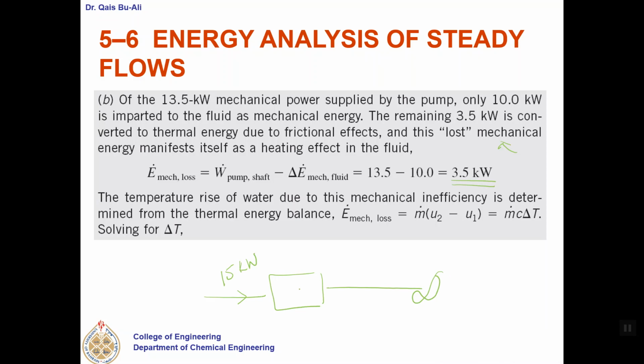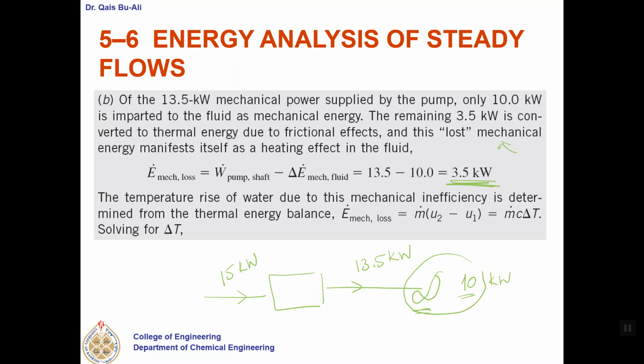Because this motor is not 100% efficient, we got out 13.5 kilowatts. And because the pump is not 100% efficient, we got out just 10 kilowatts. So we lost 3.5 kilowatts, and this 3.5 kilowatts converted into a temperature rise.